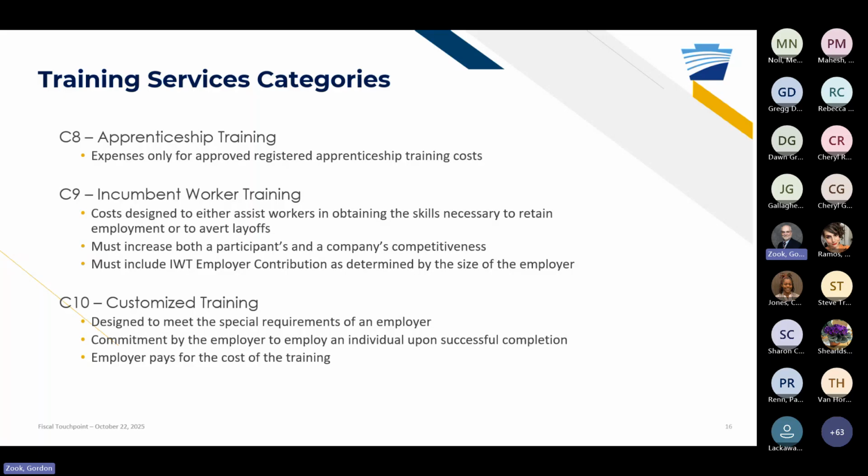These are costs that assist workers in obtaining the skills necessary to retain employment or to avert layoffs. So you're working with existing employees. On the job training, you're working with new employees. Incumbent worker training, these are existing employees, but they need additional skills to retain that employment.